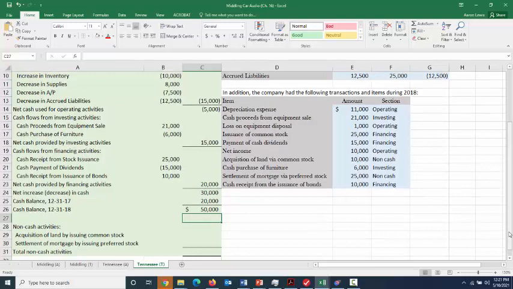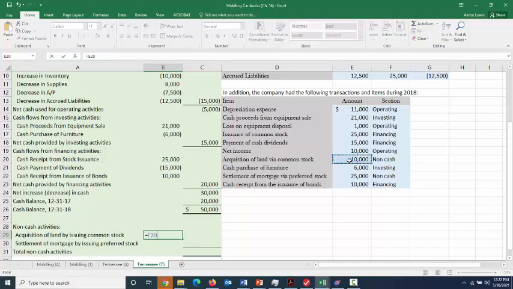And then next to that we have our non-cash activities for the period, of which we had two. We had the acquisition of land via common stock, and we had the settlement of a mortgage via preferred stock. So if we acquired land by issuing common stock, we got $10,000 worth of land that we didn't have to exchange cash for.